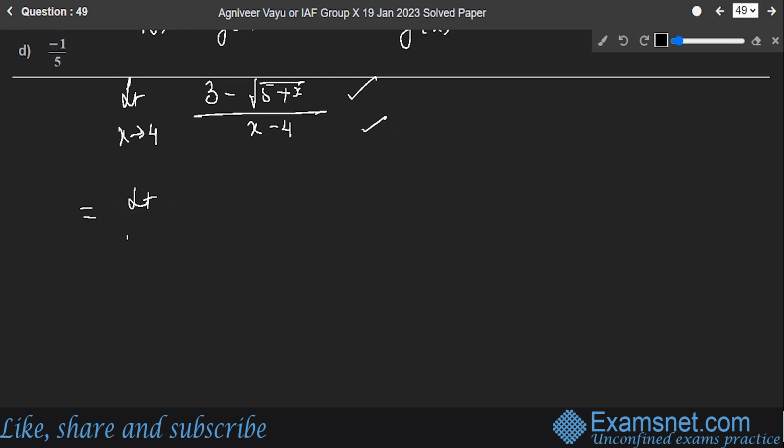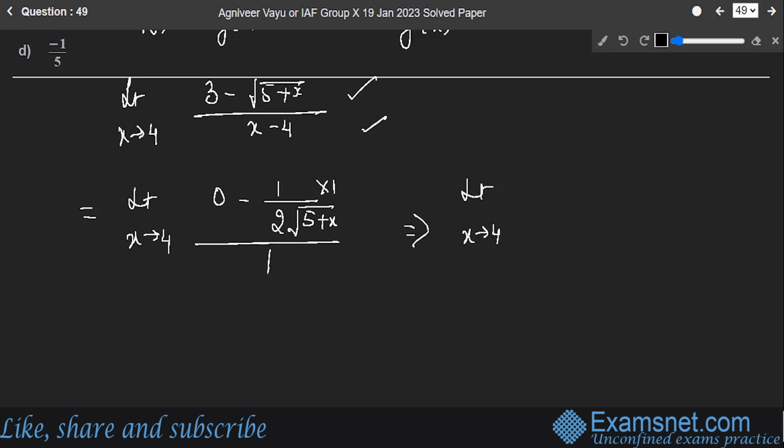This is equal to limit x approaching 4 of the derivative of 3, which is 0, minus 1 upon 2 root of (5 plus x) into 1, whole divided by 1. So this becomes limit x approaching 4 of minus 1 upon 2 root of (5 plus x).